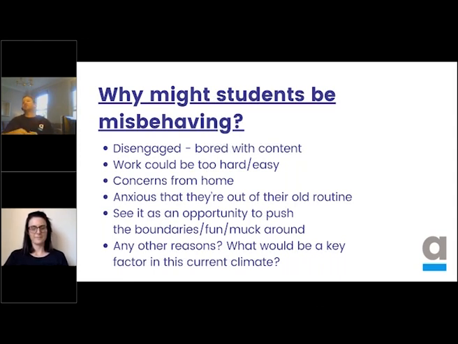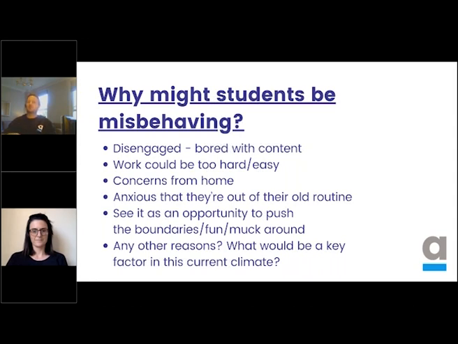It could be that they've got some concerns from home that might be affecting their behaviour. Certainly in London, maybe more so if you've done a lot of your teaching back in Australia, but certainly elsewhere in the UK, the demographics of students are quite diverse. No matter where you go across the city, there's always going to be diverse backgrounds in your student base in the schools that you're teaching in.